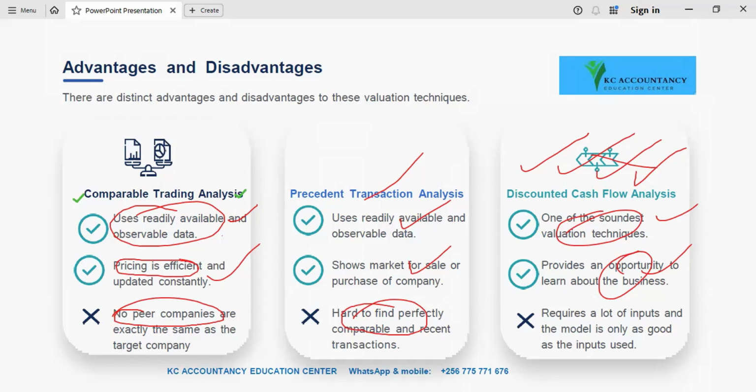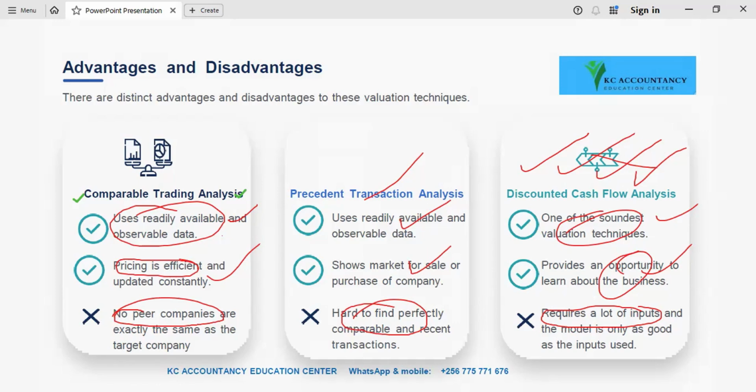But now the challenge, the big one, is that it requires a lot of inputs. If you find companies that don't actually keep their records, it may be hard for you to start penetrating into those transactions. And remember, the model that you are building is only as good as the inputs that you are using.